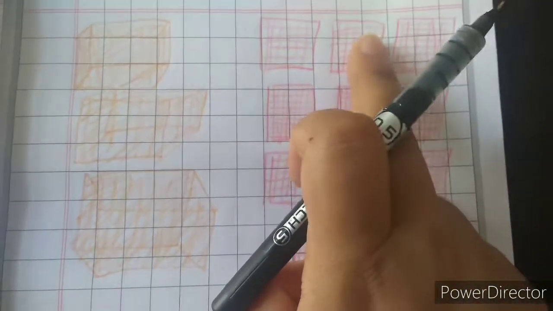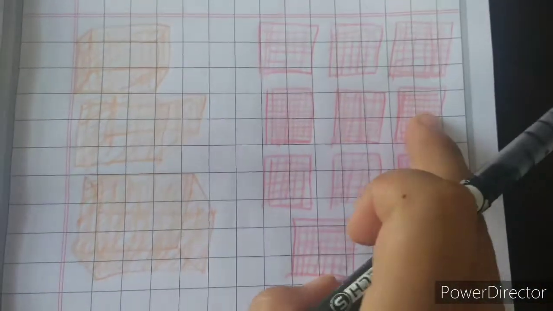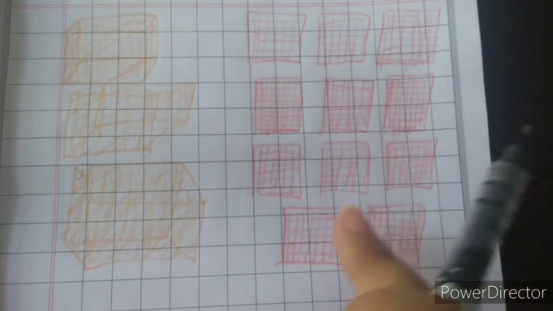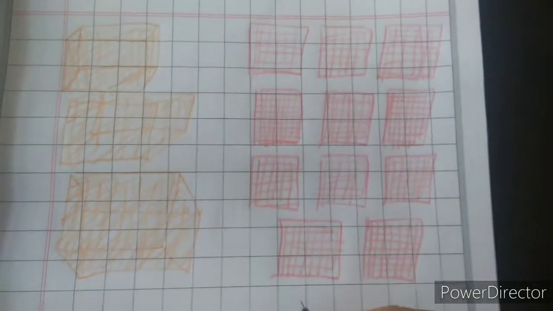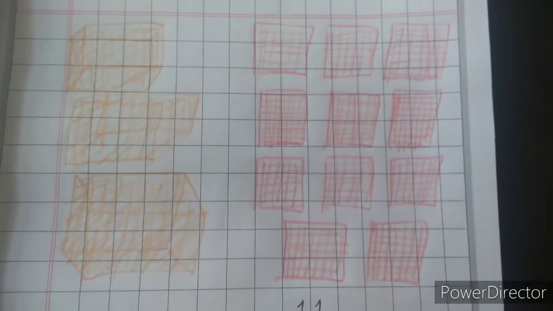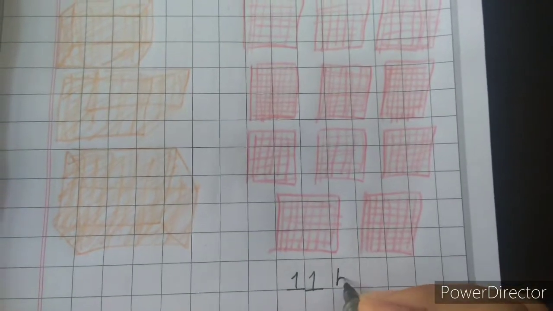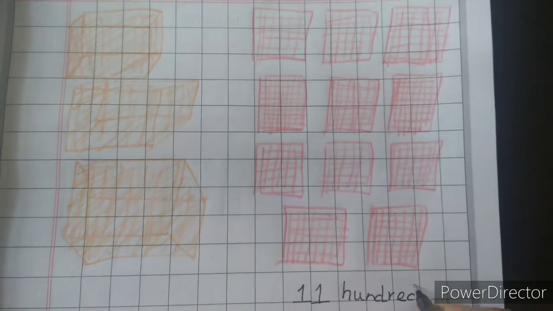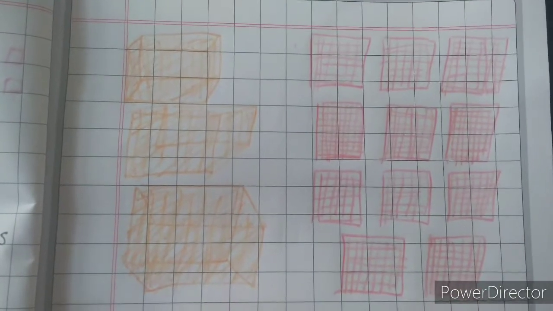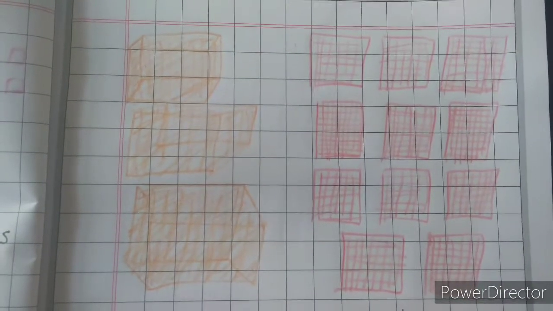It is equal to 10 hundreds: 1, 2, 3, 4, 5, 6, 7, 8, 9, 10, and 100 was already there. So that makes it 1100 hundreds, and this is left as 3000.